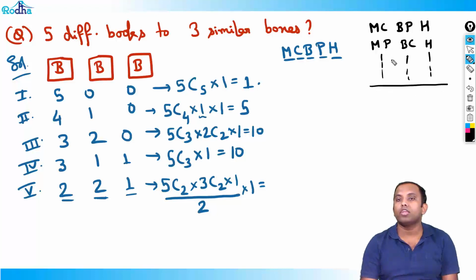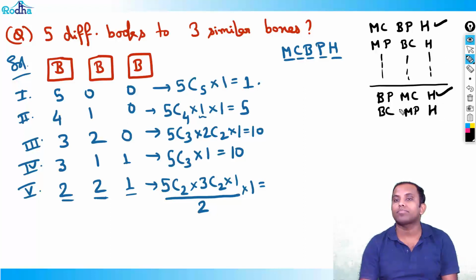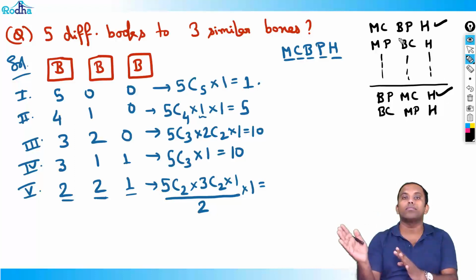After that, the next will come as biophysics, maths, chemistry and Hindi. Next will be biochemistry, maths, physics, Hindi, right? So you see, these are the same. Maths, chemistry, biophysics, and biophysics, maths, chemistry, right? Hindi. So these two are the same thing because 2 2 1, right?